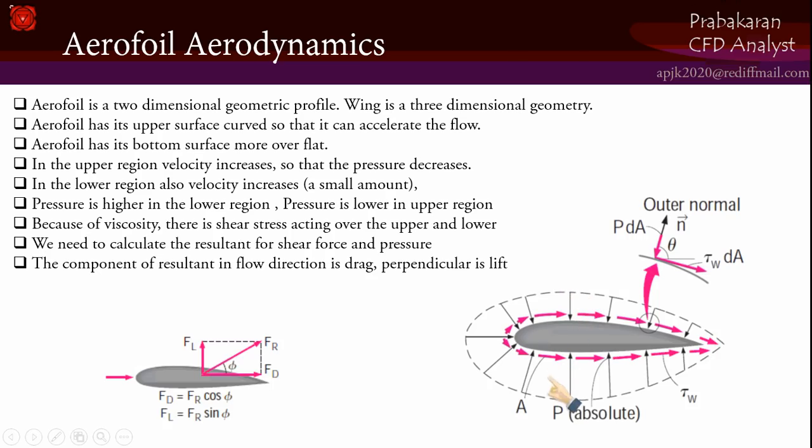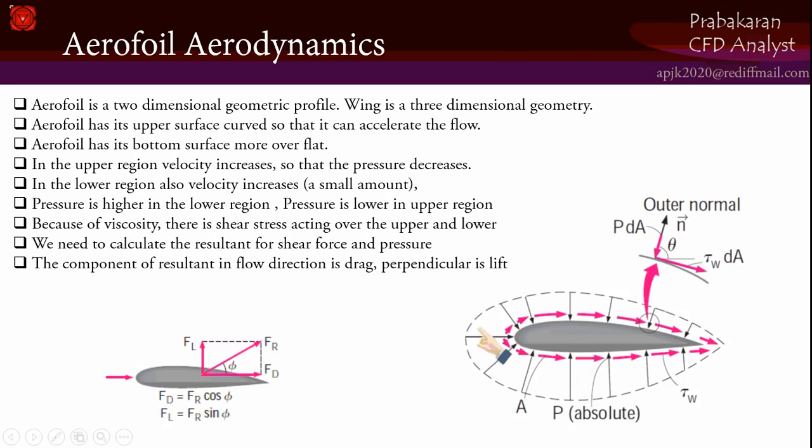At the bottom, the arrow has a larger length to show that the magnitude of pressure in this region is higher. Likewise, we have pressure everywhere, so we have a pressure distribution around this aerofoil.